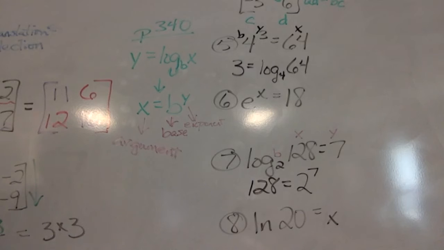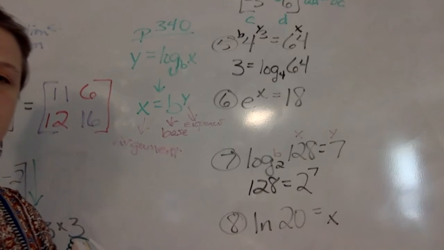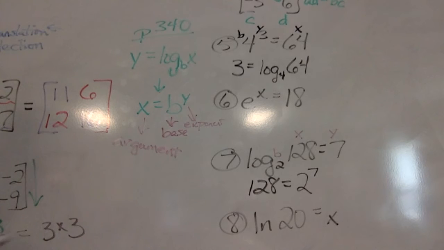On them, you have e, which is Euler's number, so you have the natural log of x. So we have our natural log of x.